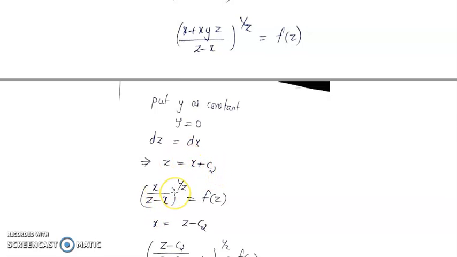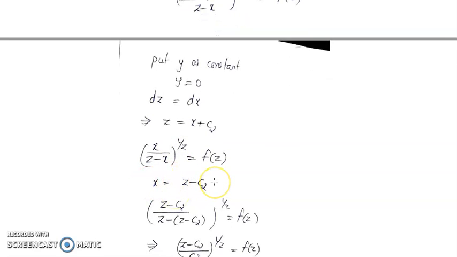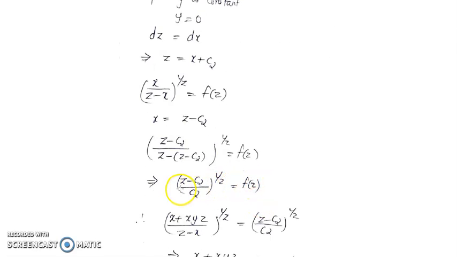So from the first equation you will get x equal to z minus C2. Then substitute the value of x, since you need to obtain f of z. So you need to eliminate x. So substituting the value of x from here, I am going to get z minus C2 by C2 whole power 1 by z equal to f of z. So this is going to be the value of f of z.